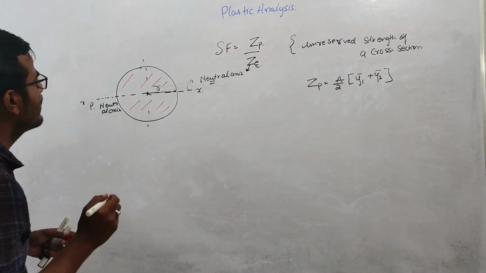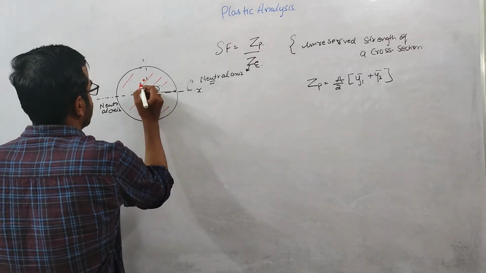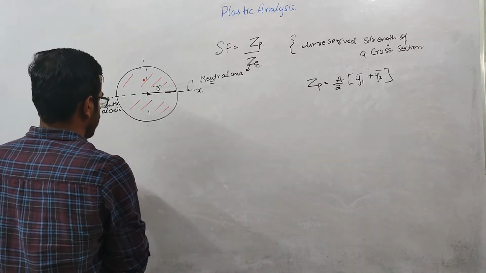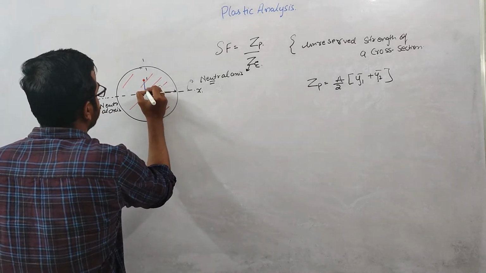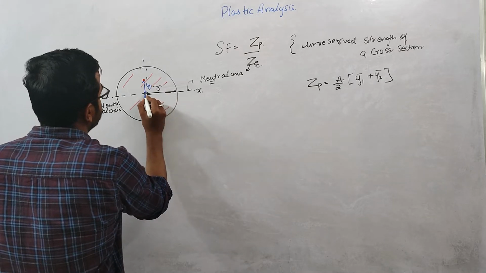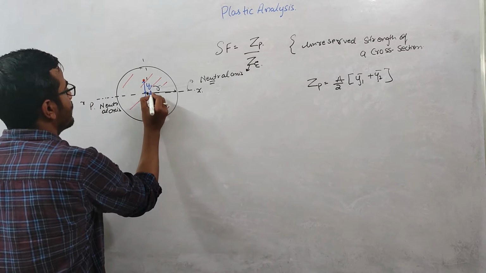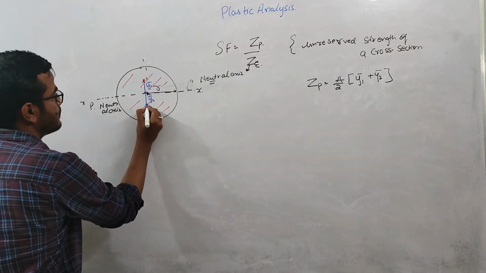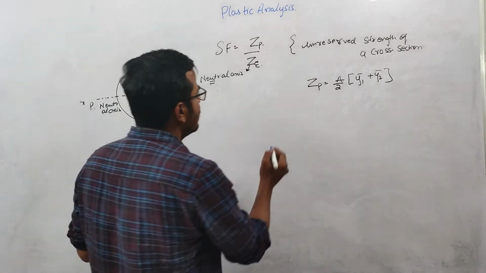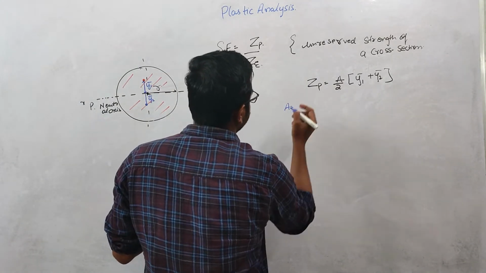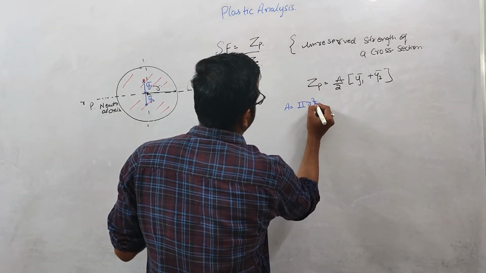Now y1 bar is the centroid of this area, and this is y2 bar. To calculate the plastic section modulus, the area is the area of the cross section, which equals pi r square.